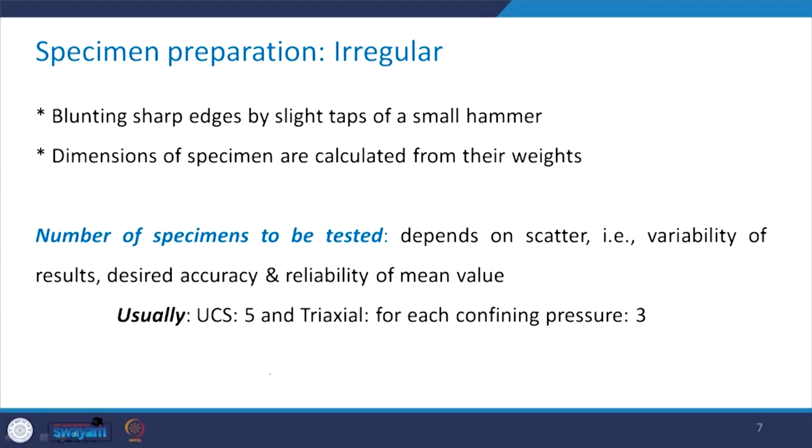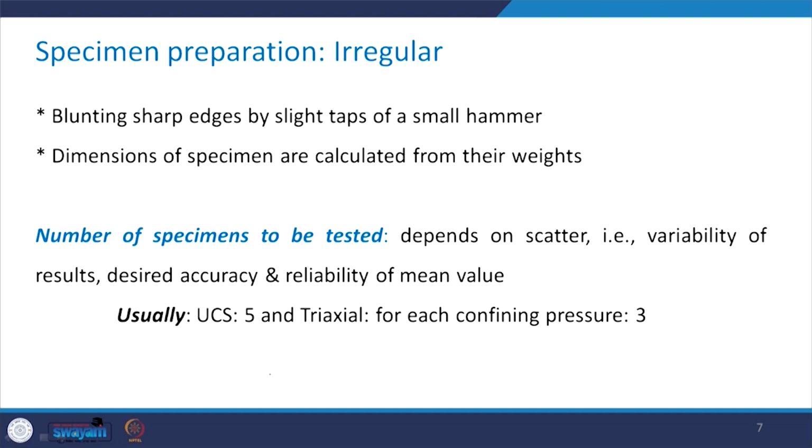Because wherever these are very sharp, and let us say you apply the load at that point, stress concentrations are going to be extremely high, and we will not get the correct picture about its strength characteristic. So it is important to blunt those sharp edges and the corners.